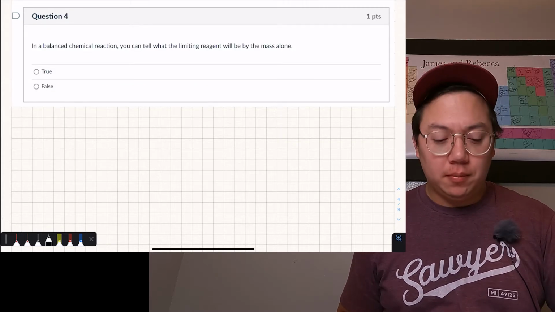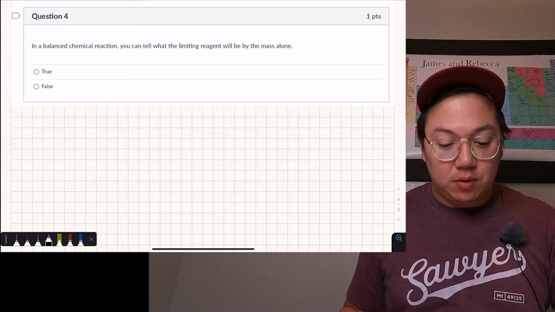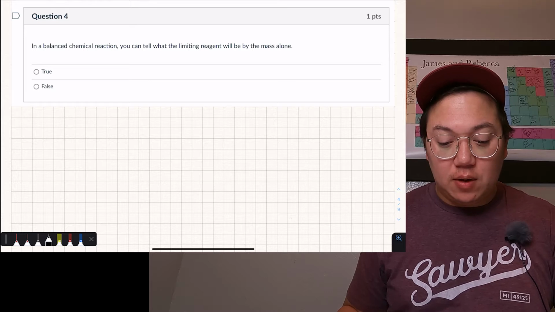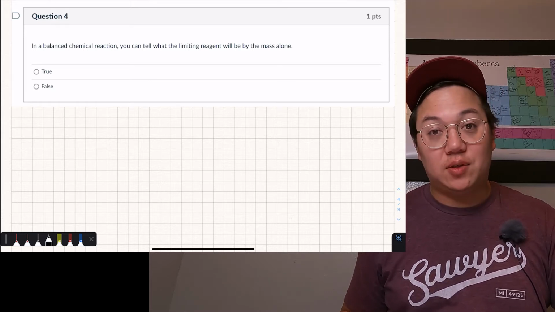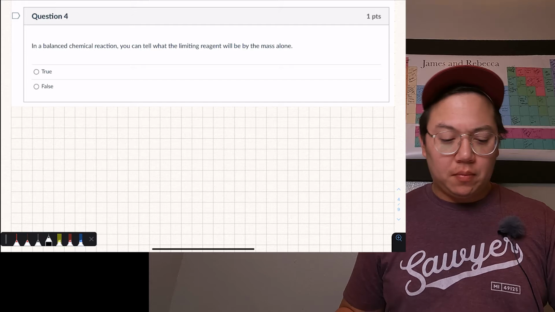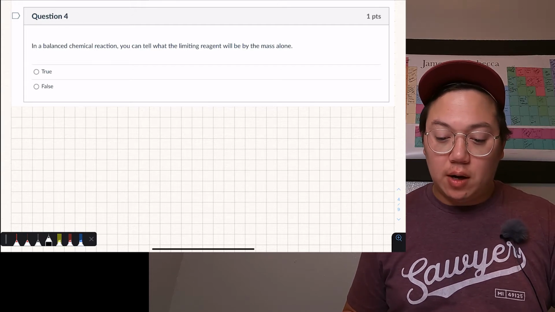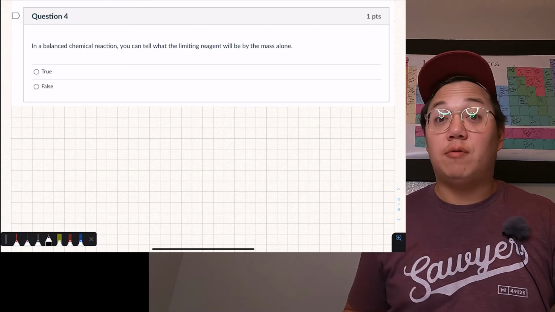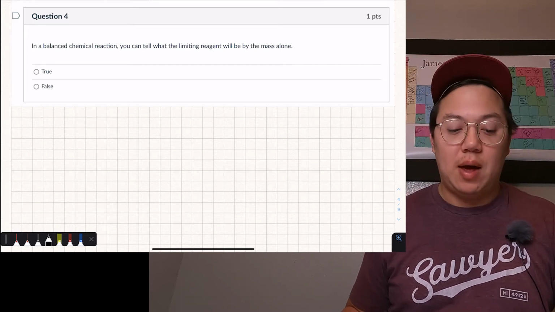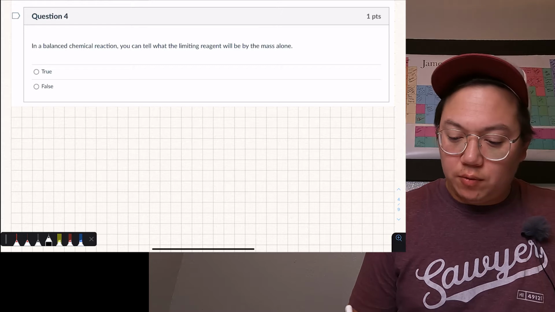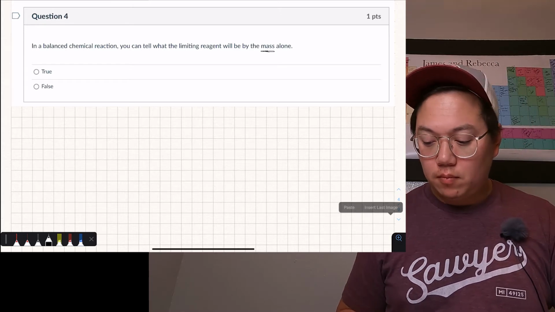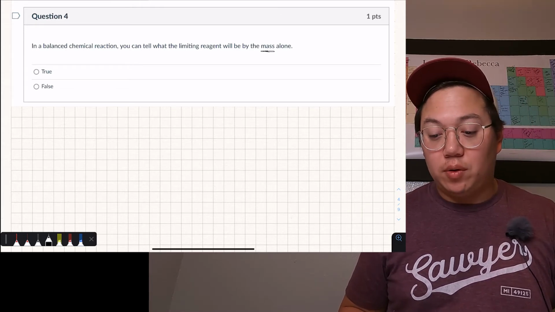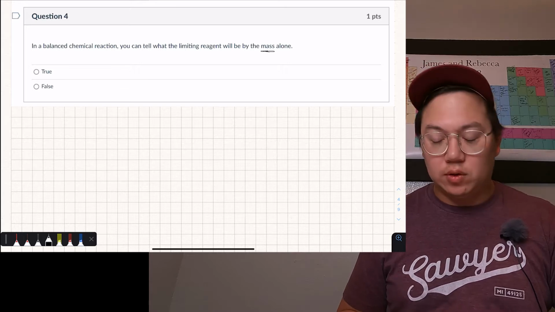For question 4, we're asked, in a balanced chemical reaction, you can tell what the limiting reagent will be by the mass alone. So this is testing your knowledge of chemical reactions, but also the idea that we need to convert everything from grams, which is mass. So if we have the masses, what's actually most important is the number of moles.